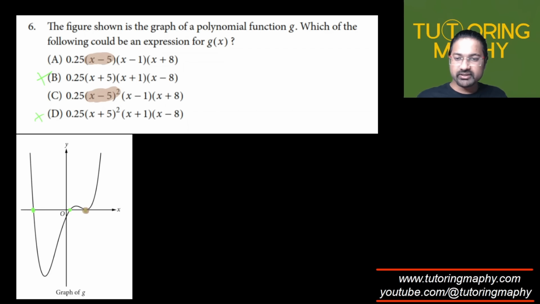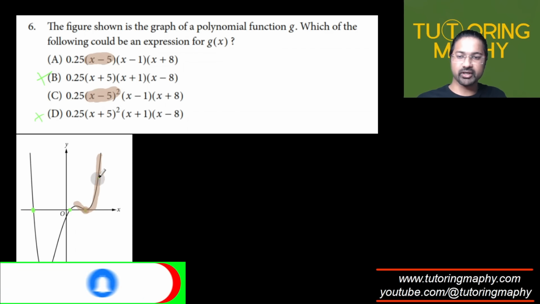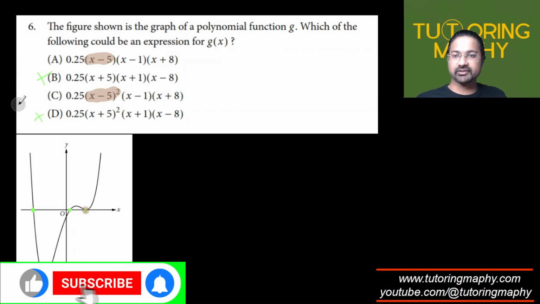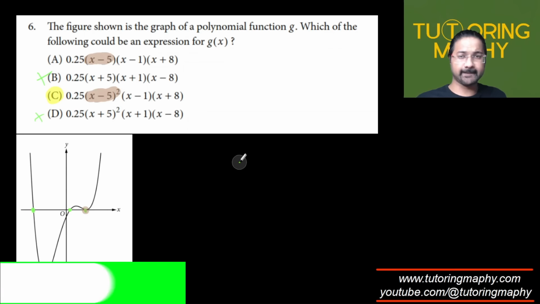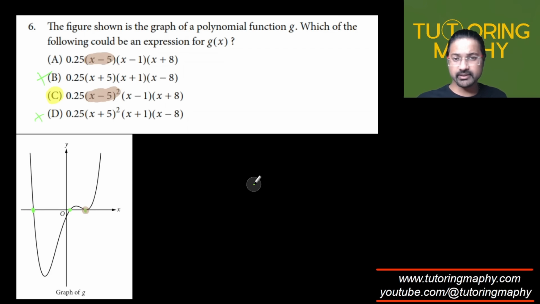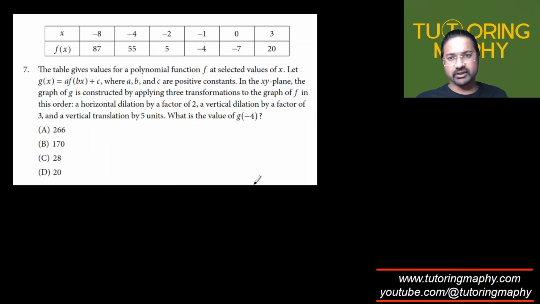But since we notice here that the function bounces back to its original position, the multiplicity at that point must be even, because that is the only situation when the function can bounce back from this point. So if it bounces back, this would mean that it has an even multiplicity, which means that the correct option is option C over here. Yeah, I hope that makes sense. Let's talk about the next question.